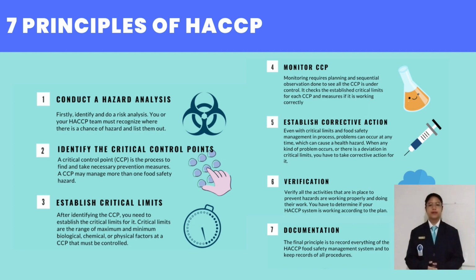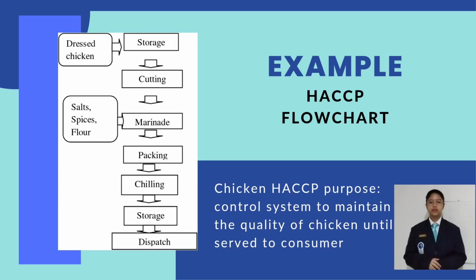This is the final principle: to record everything of the HACCP food safety management system and to keep records for all procedures. Knowing about the HACCP flowchart, we shall see an example.